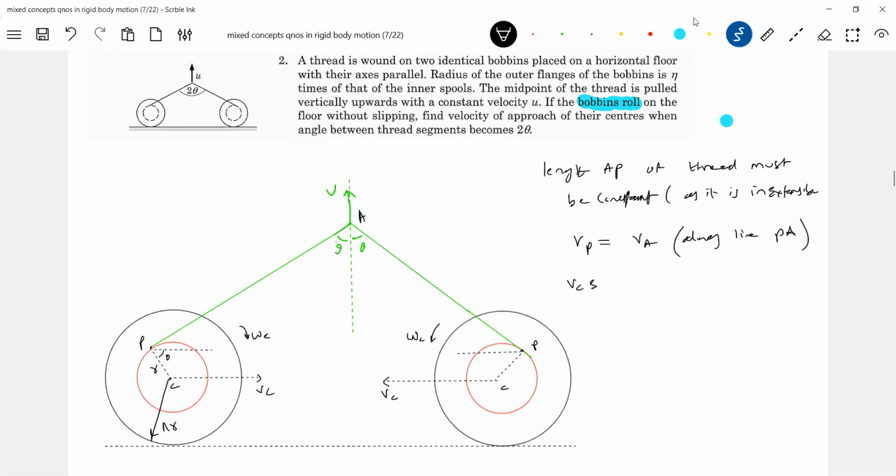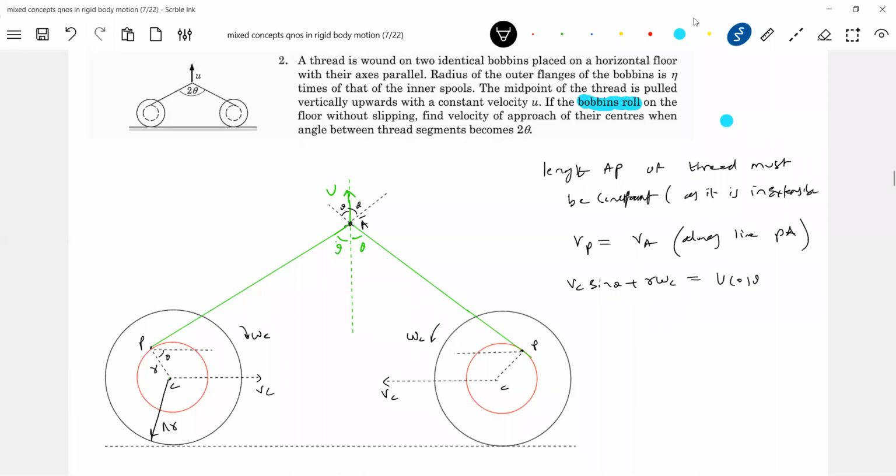Vp should be equal to Vc sine theta plus R omega c. And what is Va? Va should be equal to U cos theta.